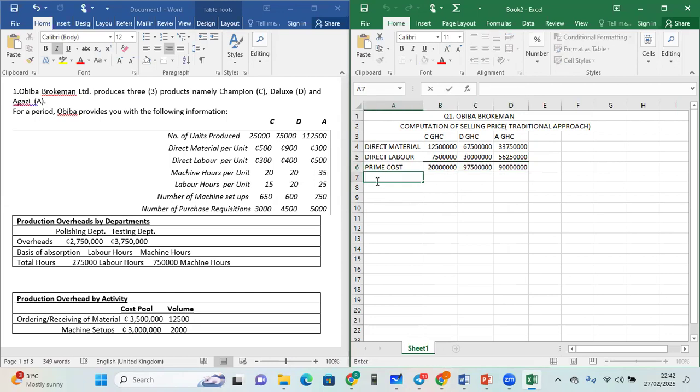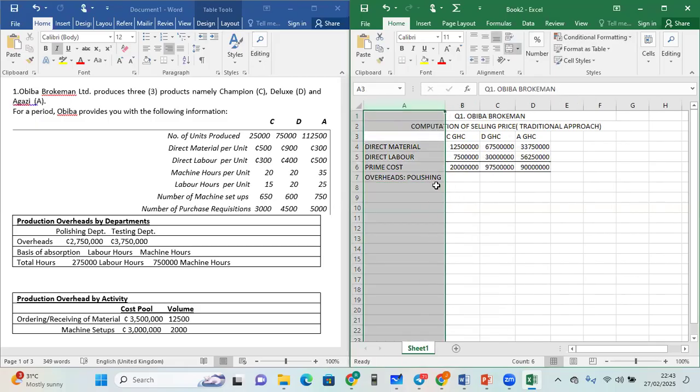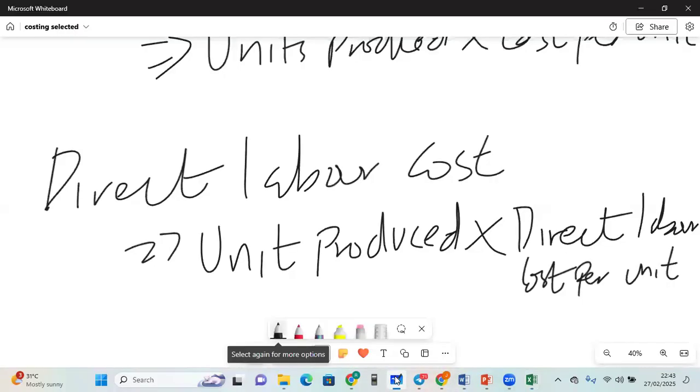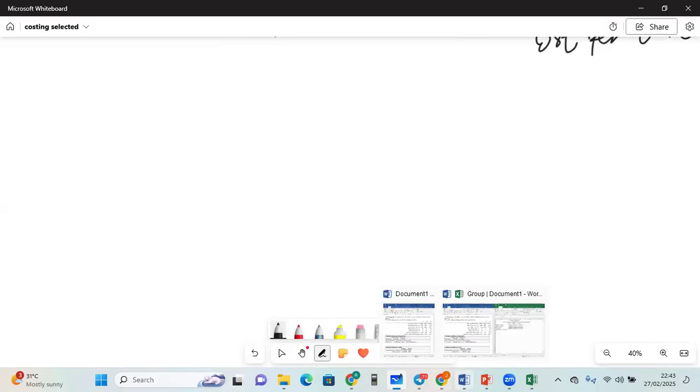All right, then we come to overheads. So let's start with polishing. Now we've even calculated our rates there. So for the overheads, we've computed the overhead rates using the traditional approach.